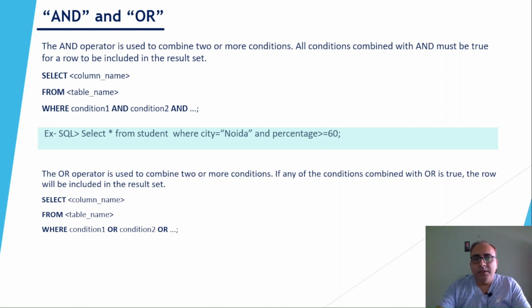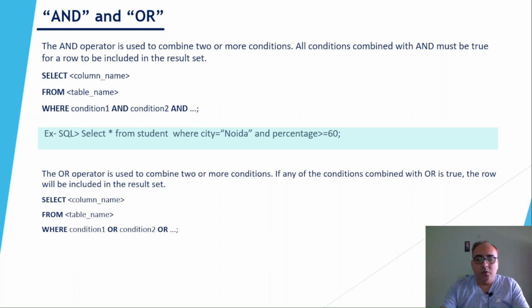The syntax of OR is similar to what we used for AND. The only thing is that in place of AND we'll have to use the OR operator. So the syntax is SELECT column name FROM table name WHERE condition 1 OR condition 2, or you can keep adding conditions as per your requirement.